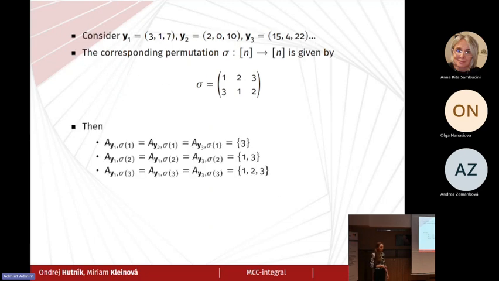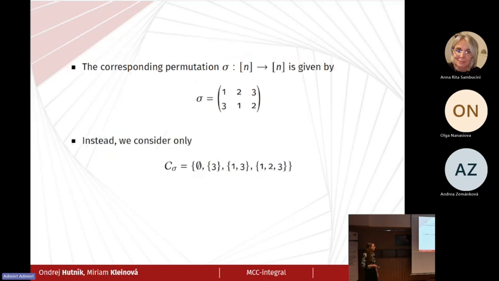Therefore, also the sets which are in the formula of Honda's functional are the same for any of these vectors. Therefore, we have replaced the idea of induced vector by maximal chain. Because of some technical matters, we also added the empty set.